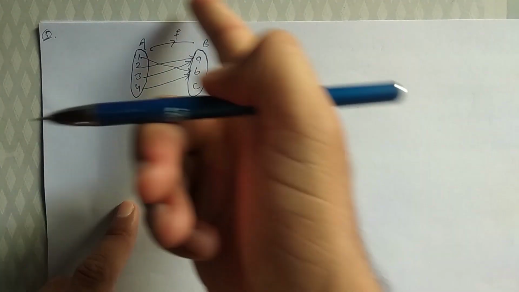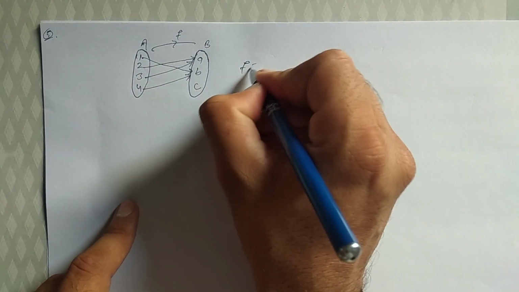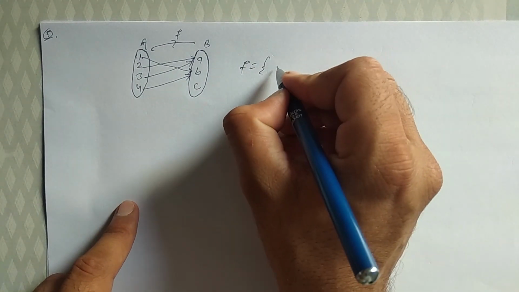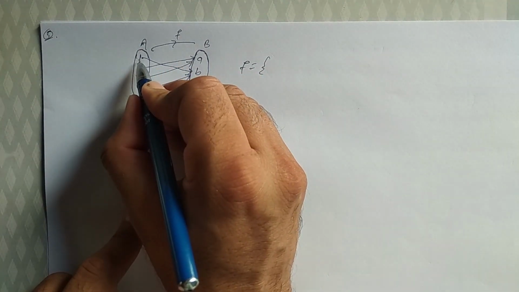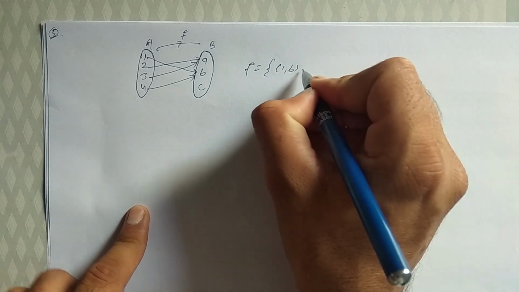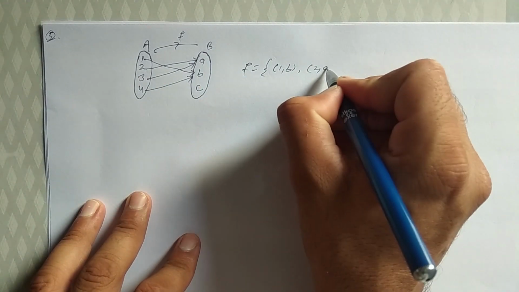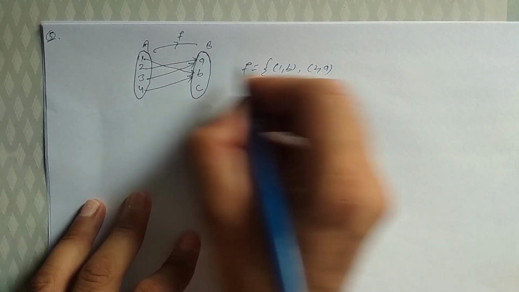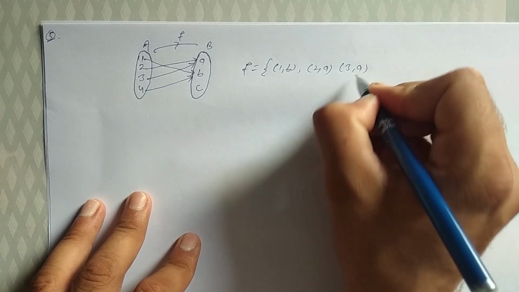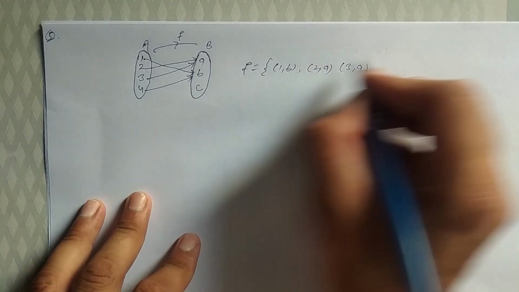On writing the function in ordered pairs, f is equal to {(1, B), (2, A), (3, A), (4, B)}.